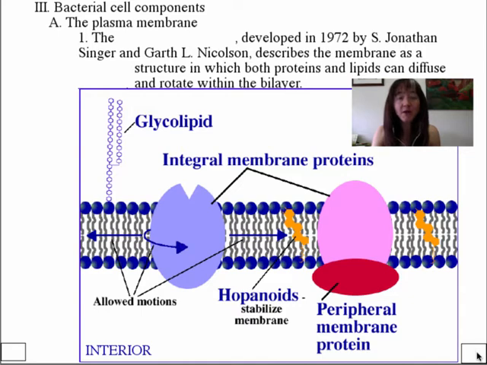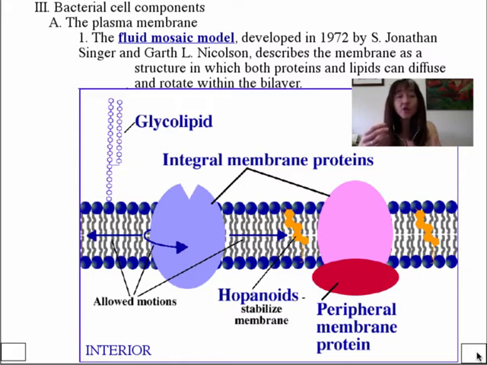But this model that dictates protein and phospholipid movement within a membrane is called the fluid mosaic model. And it's a really fitting name because mosaic refers to the way in which proteins are interspersed, like a mosaic. You've seen a mosaic of tiles, right? The way in which that is interspersed.